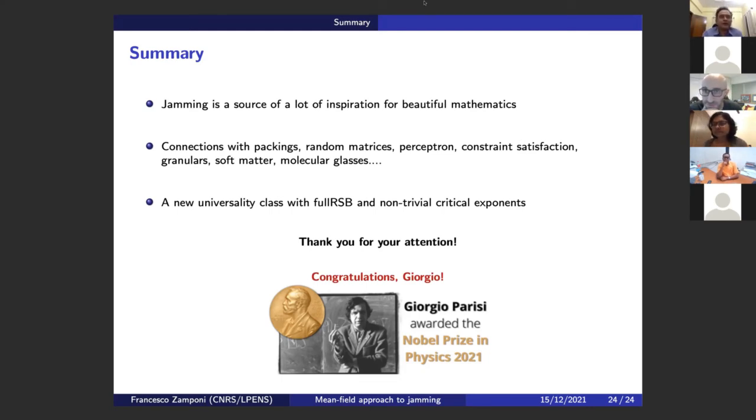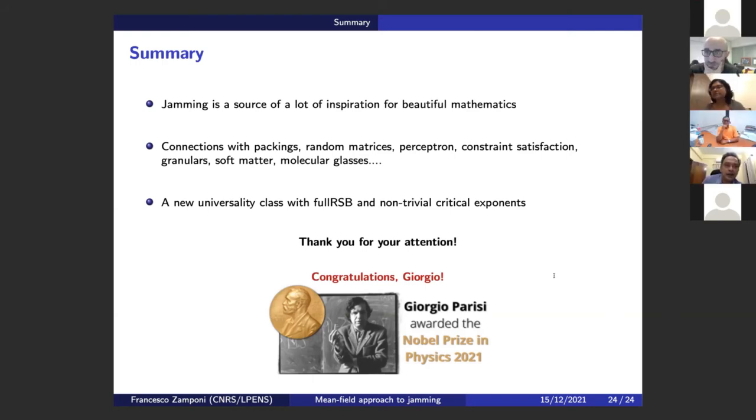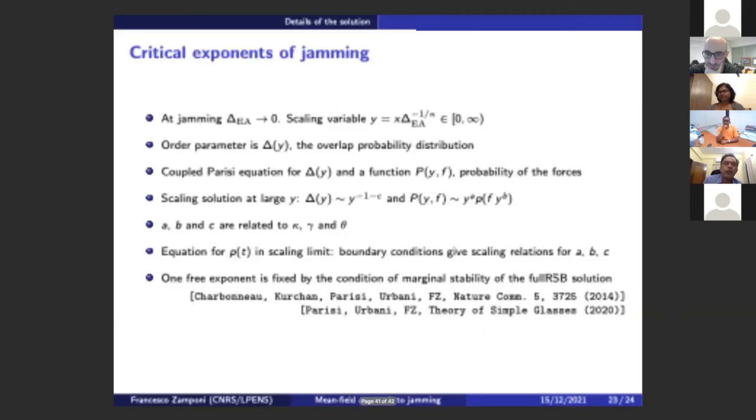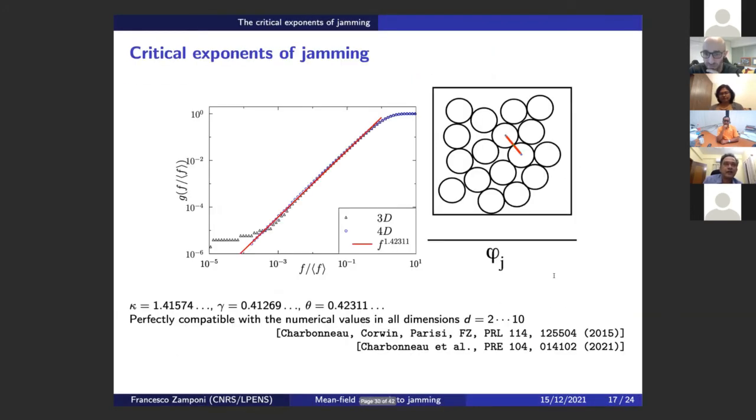I had two clarifications to seek. One is, when you compare the glass transition line versus the jamming line, if you can go back there.